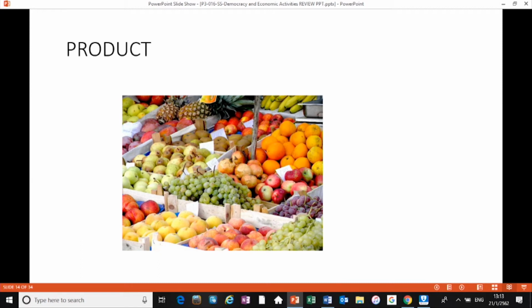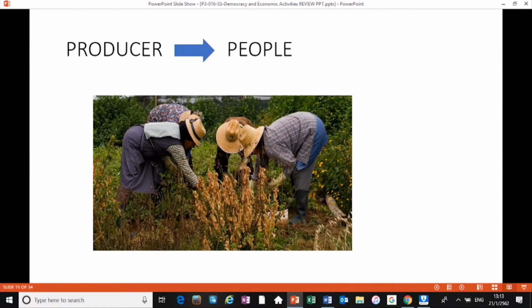Fruit. Oranges, pineapples, grapes, bananas, all different types of fruit. And these are the product. The producer, remember when we said farmer? Farmer. So these people are farmers.